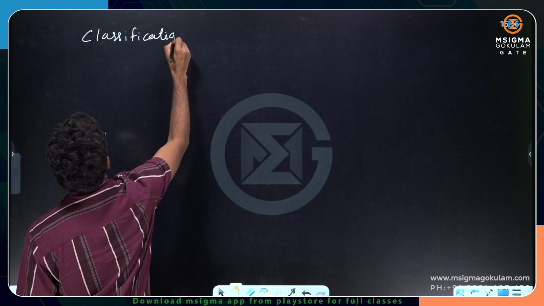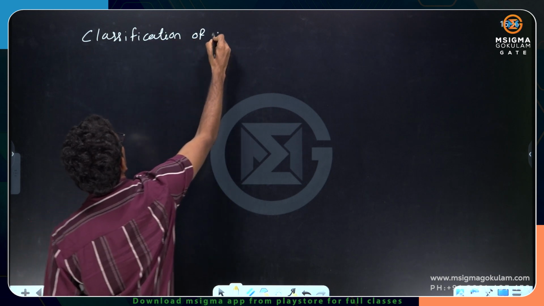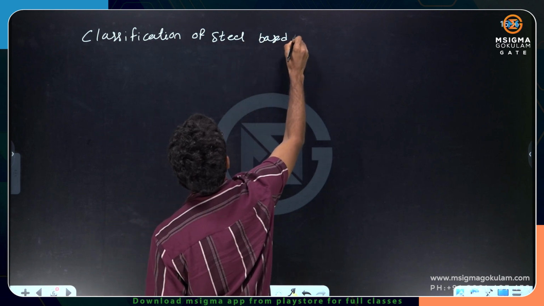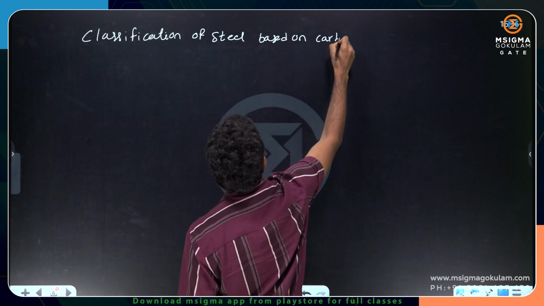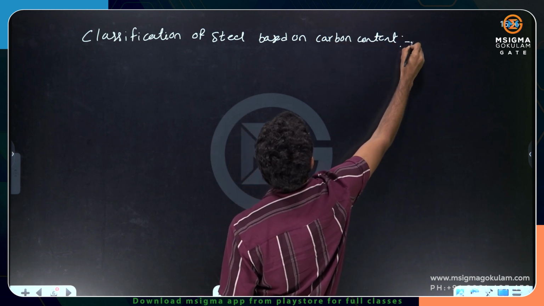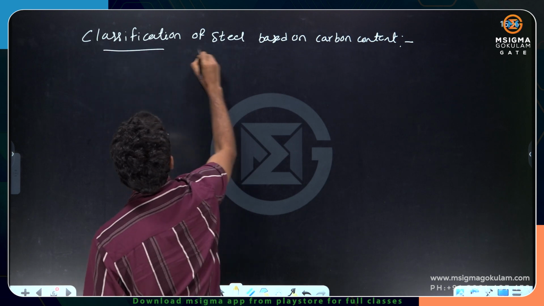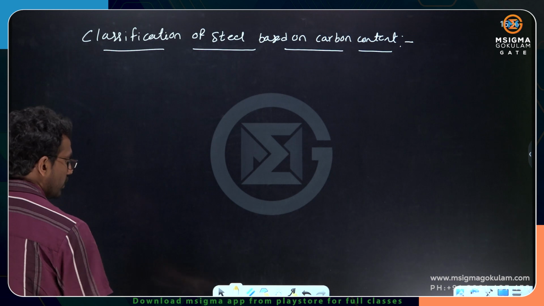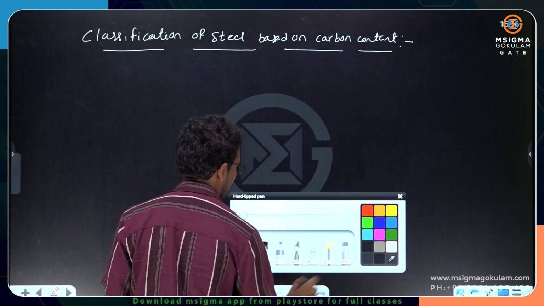Classification of steel based on carbon content. So how do you classify steel based on the carbon content? Let us see that. Based on carbon content, we have three varieties of steels.